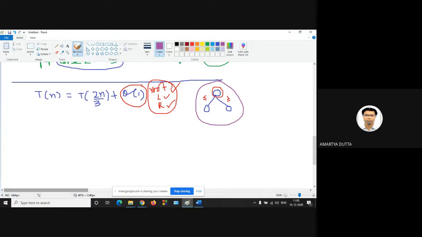Now in the worst case, let this node be absent. Is it a complete binary tree? This is not complete because the left child is absent.